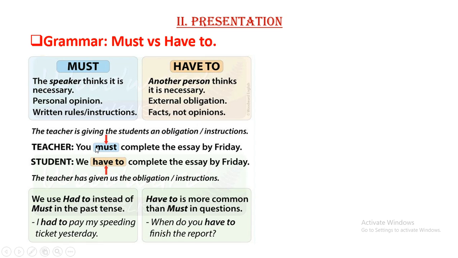So with the speaker thinking like this, you're going to use must. How about students? We have to complete the essay by Friday. See, the teacher has given us the obligation or instruction. So this is like another person thinks it is necessary, so we use have to.